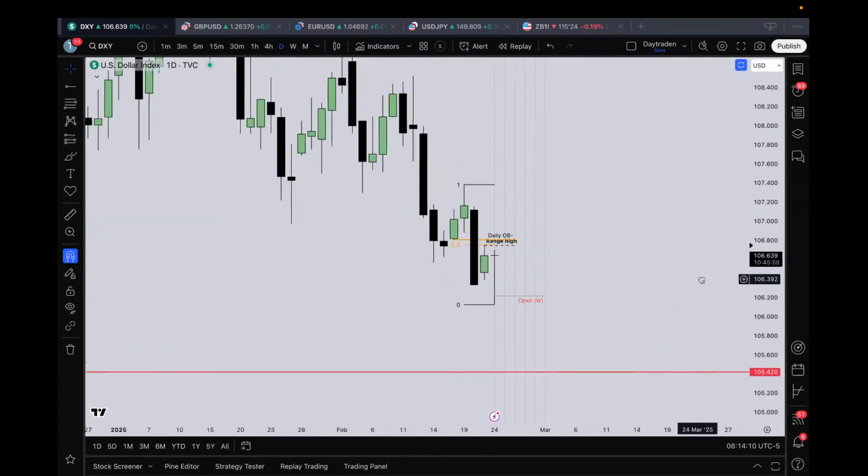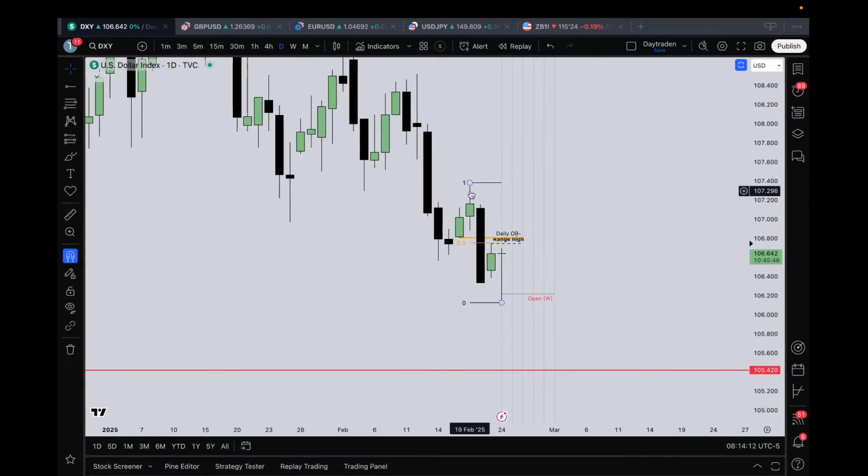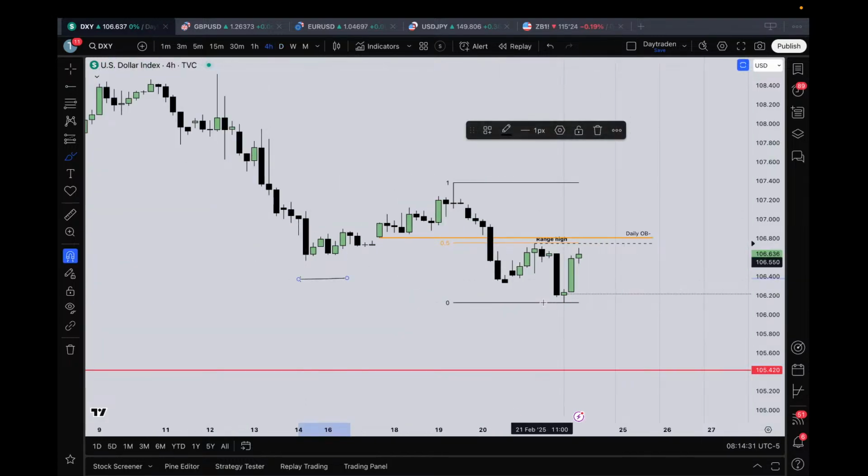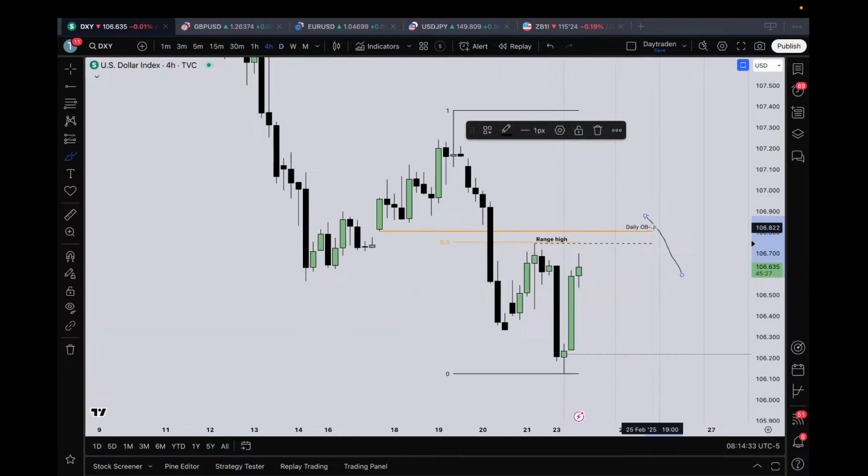What can we see right over here? With this high being formed in the key level and the displacement away, we can see that we have broken this low. So we have a range, a dealing range right over here that has been established, which is a little bit more clear here on the 4-hour time frame.